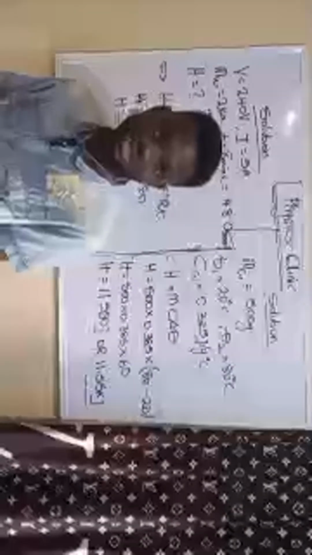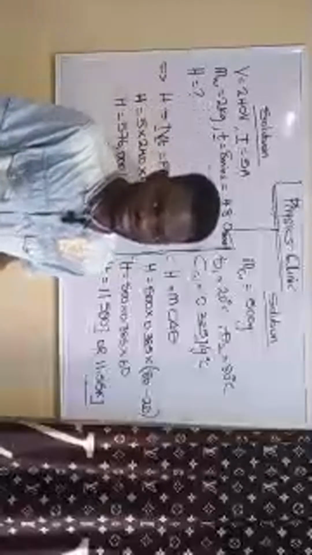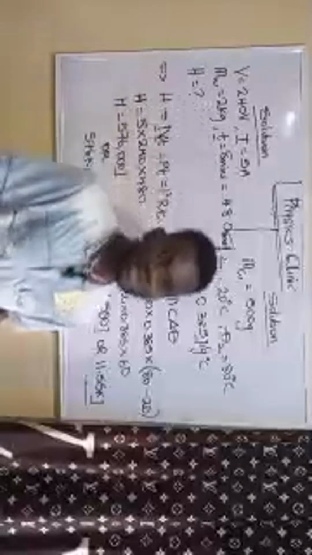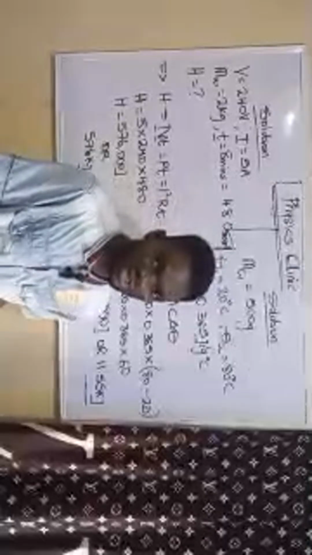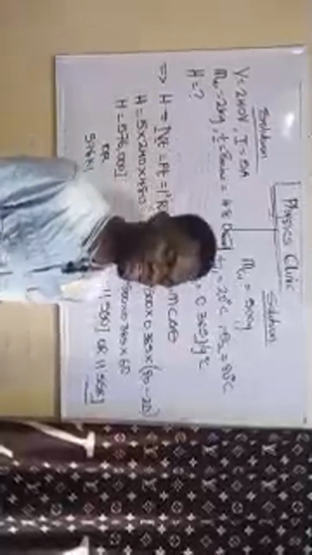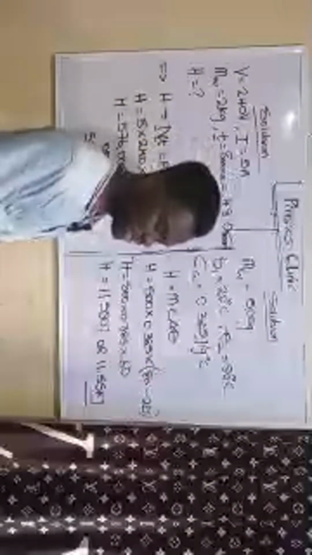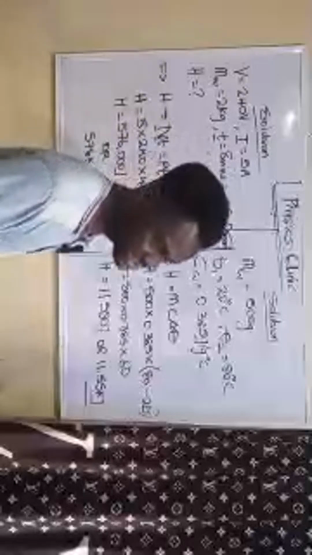So when a substance transits from solid to liquid, it requires latent heat. When a substance transits from liquid to steam or vapor, it requires latent heat. The heat that is required for the conversion of ice to liquid is called the latent heat of fusion, where an amount of heat is required to transit a substance from its solid state to its liquid state.